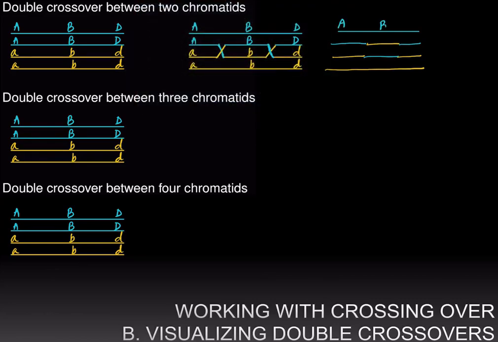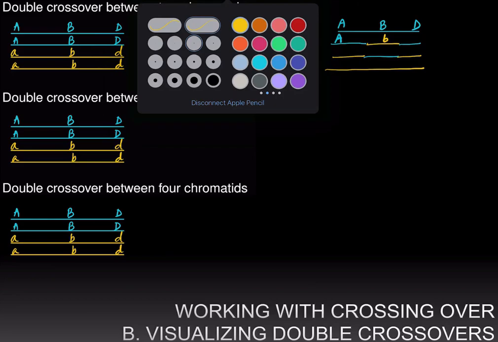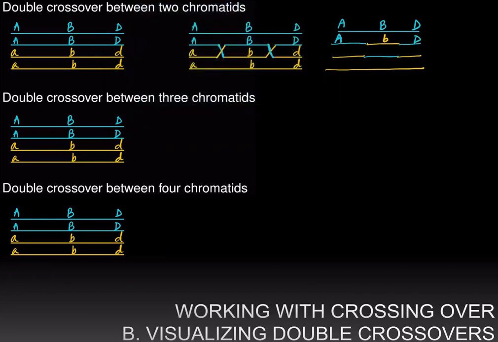This one will still be big A, big B, big D. One of the pair of non-sister chromatids that underwent crossover now will have a recombinant genotype, big A, little b, big D. The second of that pair will have the recombinant genotype, little a, big B, little d.